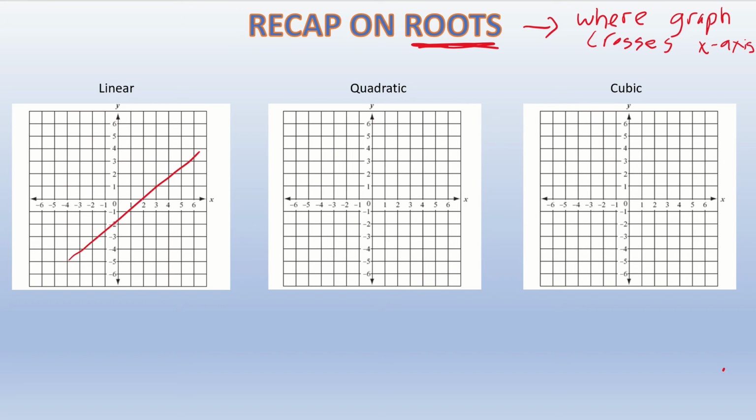So I'm going to do my best straight line there, and my root of this equation here would be 2. So root would be x is equal to 2. And just to go one step further with that, that means that the point (2, 0) is on the line that I'm just after drawing.